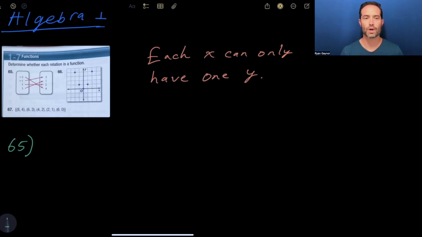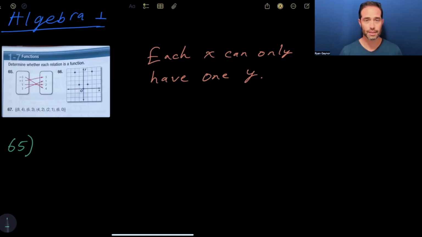Each x can only have one y. So we have, for the x's on the left side, -3, -1, 1, and 3. Now let's see what they're paired up with. Notice that all of the x's are different. -3 has the red arrow paired up with 4. -1 is paired up with 3. 1 is paired up with 2, and 3 is paired up with 1.